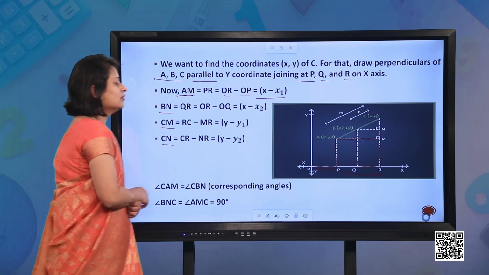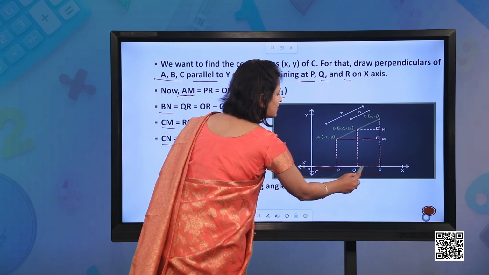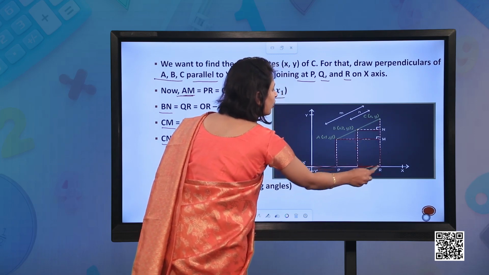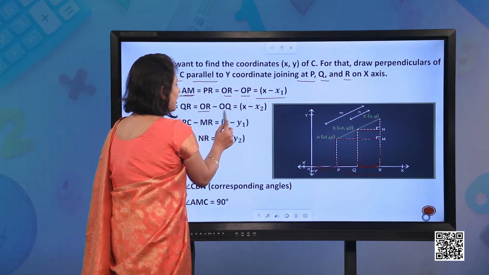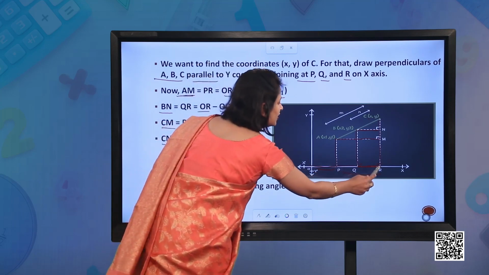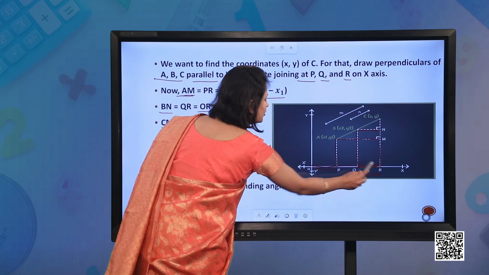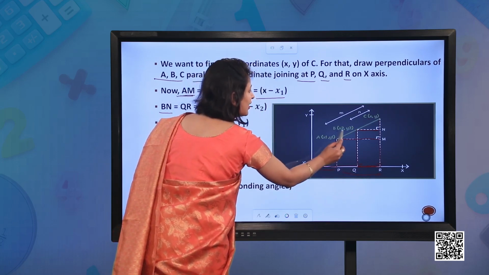For BN, I can say this is equal to QR because both are parallel. How will you calculate the value of QR? Consider OR minus OQ. Now what is OR? This total is x and OQ is x2.